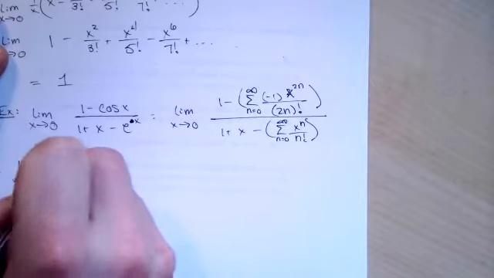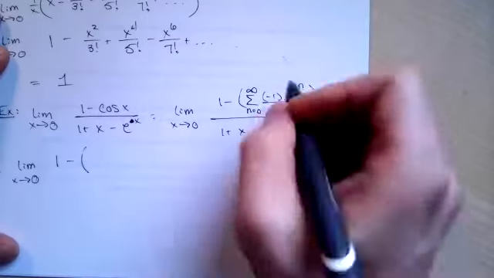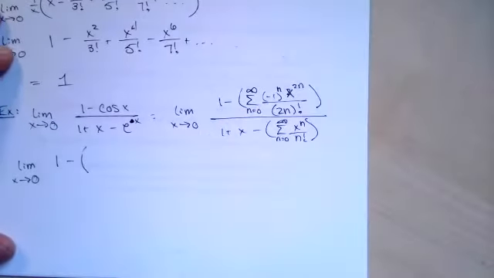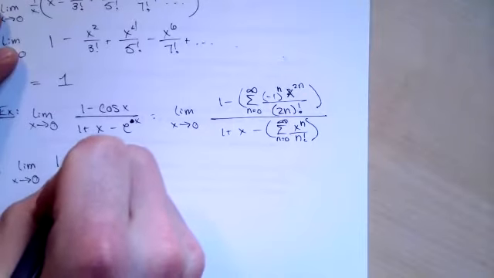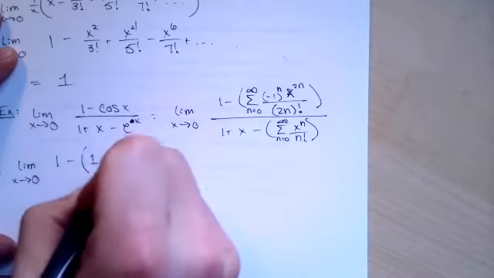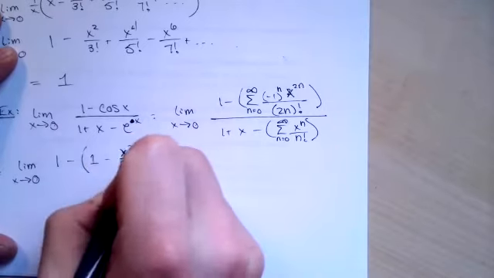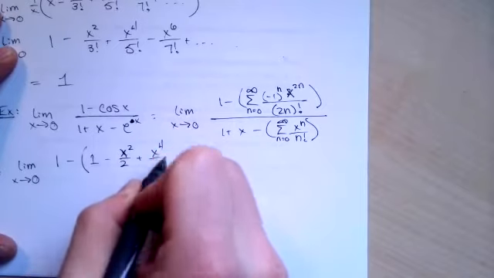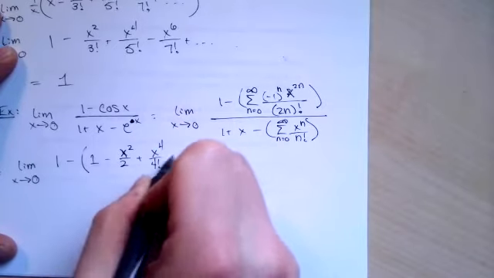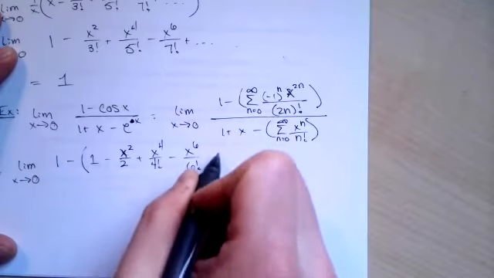What do we get? So we're going to have 1 minus. So cosine now, when n starts at 0, is going to start at 1. Second term is going to be x squared over 2 plus x to the 4th over 4 factorial minus x to the 6th over 6 factorial.